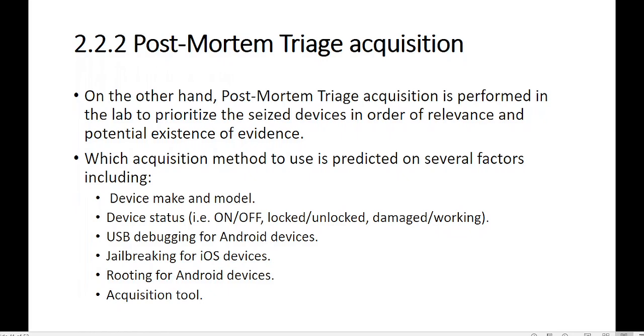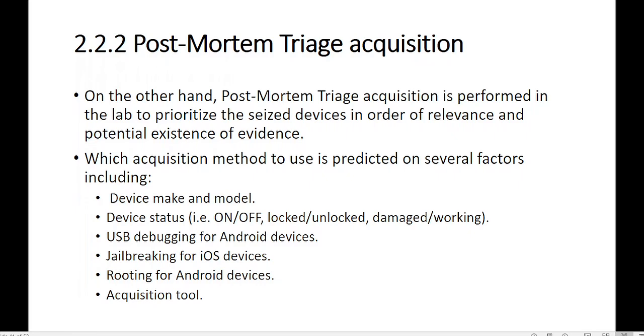For example, if the phone is off, or you don't have the pin, you can always use some kind of USB debugging. You have to enable this. You have to know the rooting. I believe I mentioned this sometime. Rooting for Android devices gives you the super admin rights.